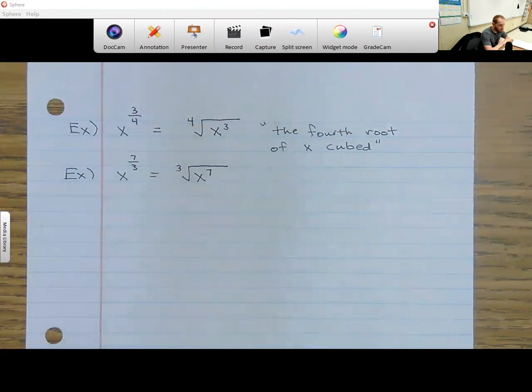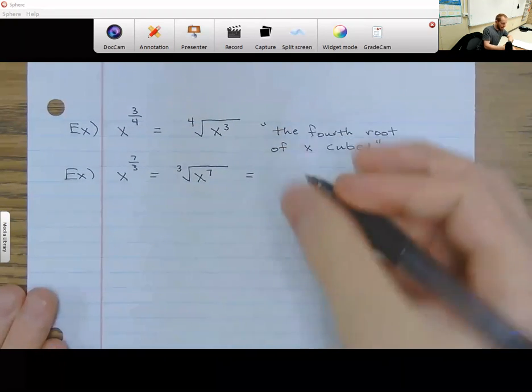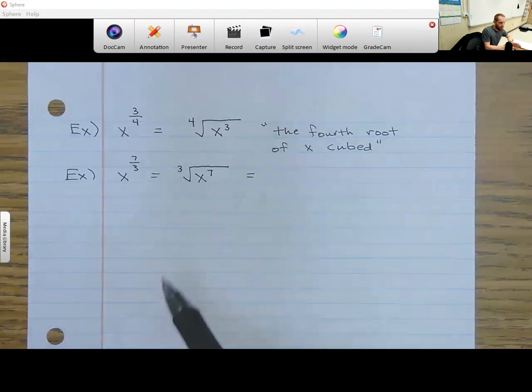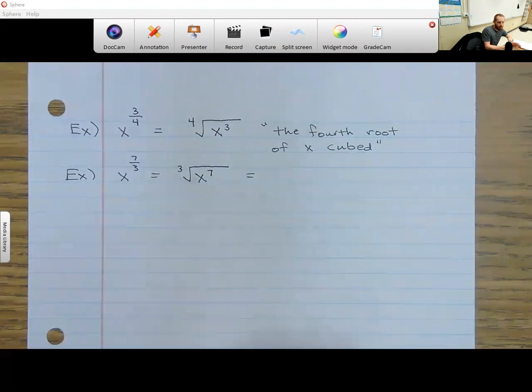Okay, so there's one more thing we can do with this. Notice that we have 7 x's on the inside, and we're taking them out in groups of 3. So what would this become in simplified form? Well, we have to ask ourselves, how many times does 3 go into 7 without spilling over? Twice, right?